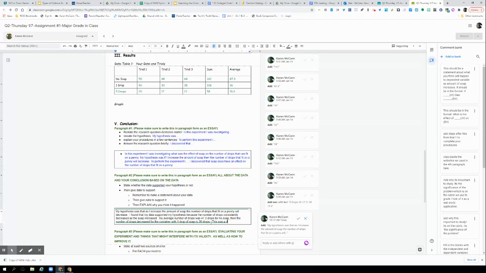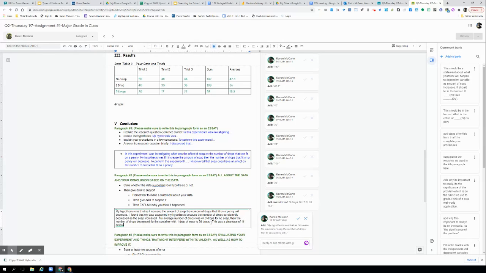This was a decrease of 11 drops. So it decreased by 11 for those two.